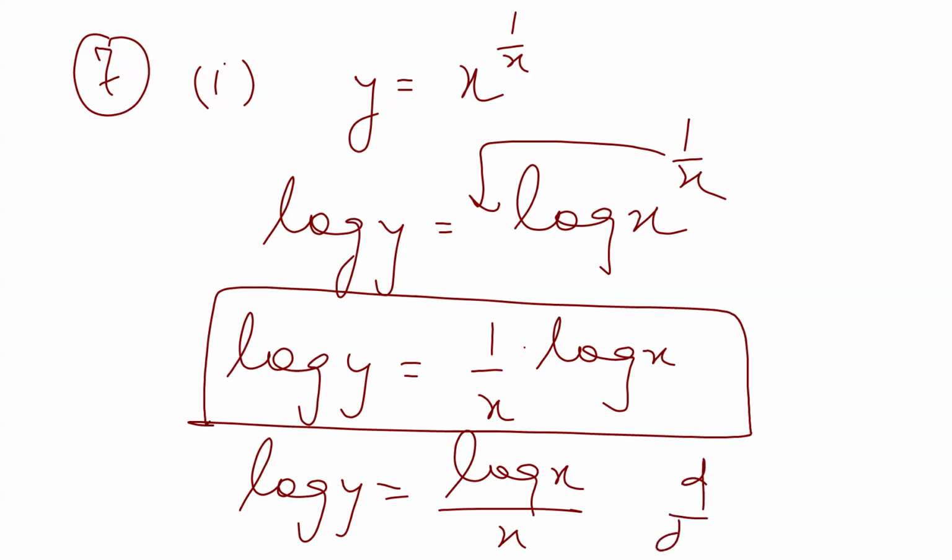After this, you differentiate it. Left hand side, chain rule, 1 upon y d/dx of y. The right hand side will be quotient rule. Derivative of log y is 1 upon y d/dx of y.